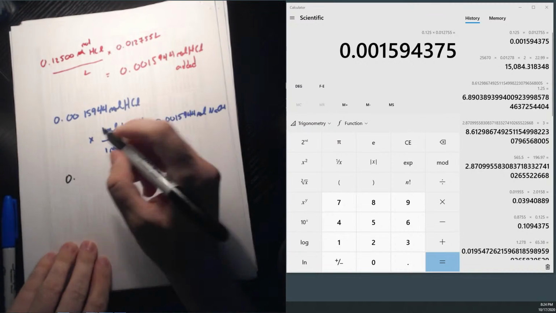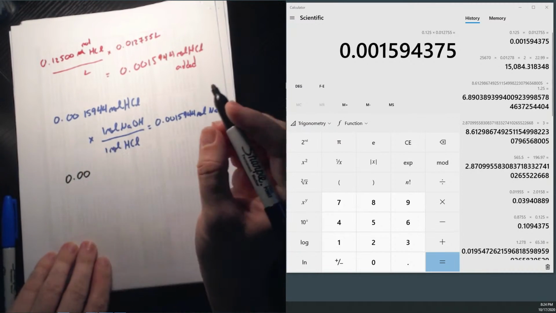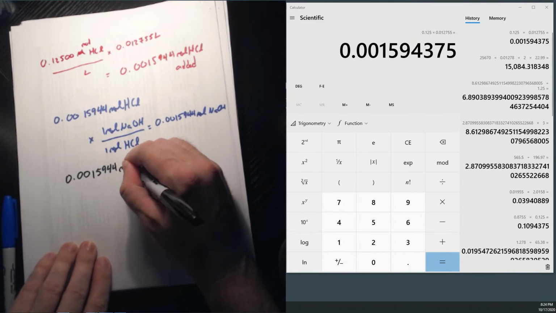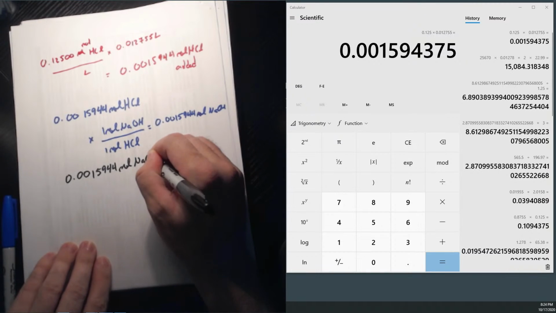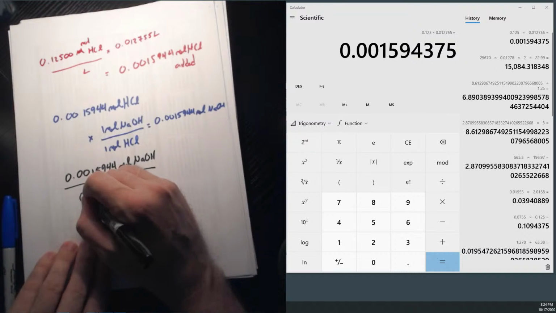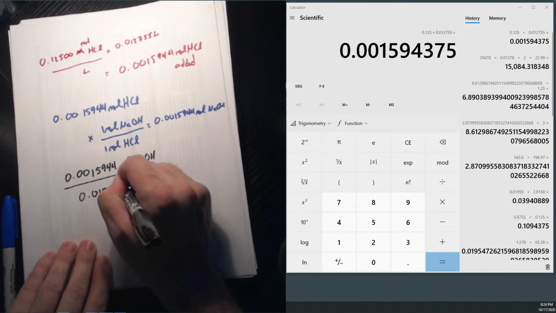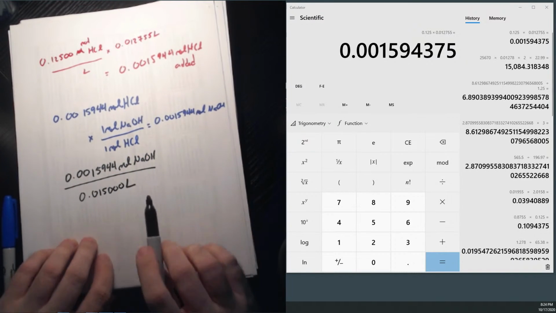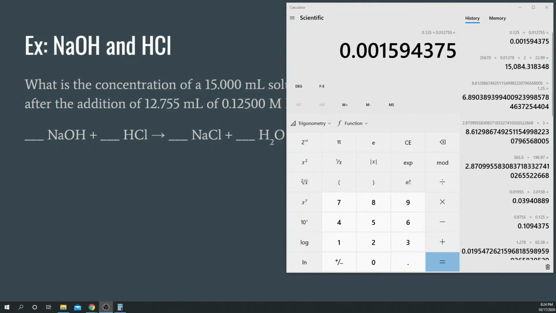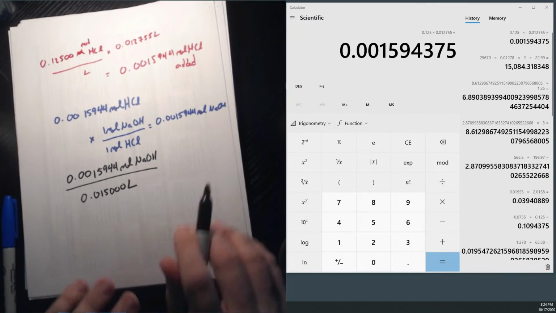Well, that's just the 0.0015944 moles of NaOH divided by the 0.015000 liters. Remember, although I gave you the volume in mL, you have to work in liters when you're doing conversions back and forth with molarity.